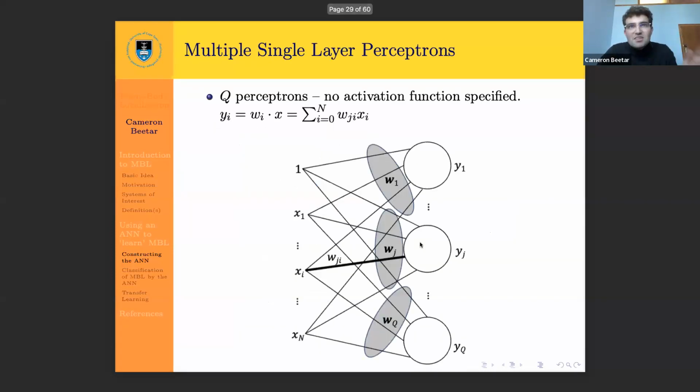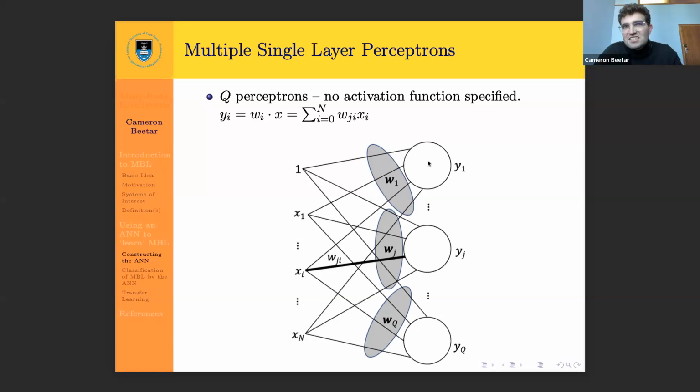So now onto multiple single layer perceptrons. If you just focus on an individual node here and you track it back, all you have is the same thing we had in the previous diagram. So that's your input fed through some weights, and something happens here.